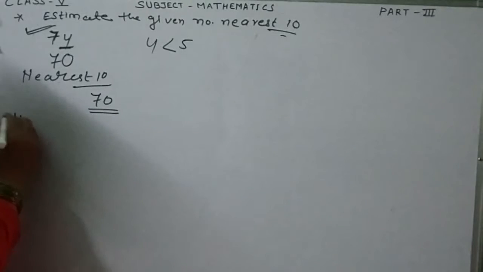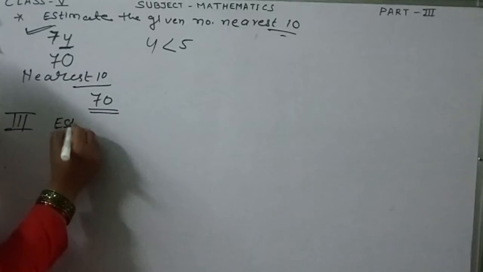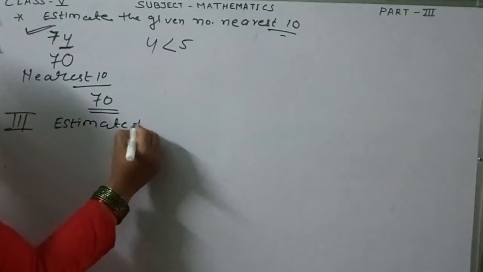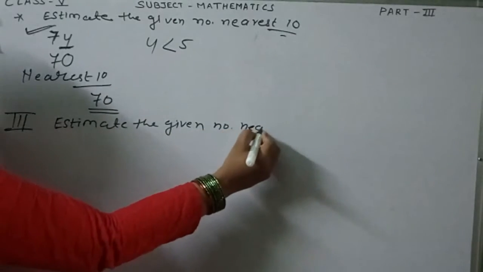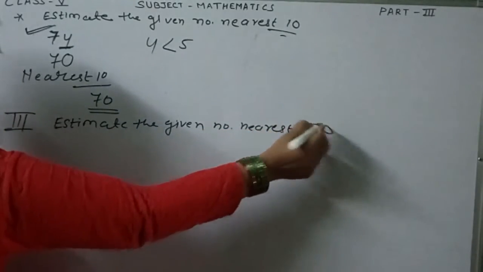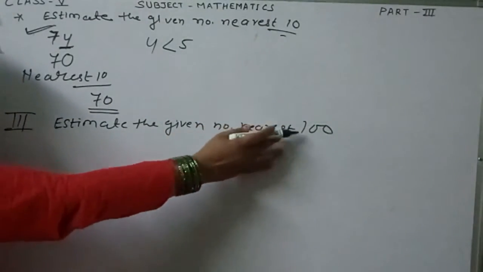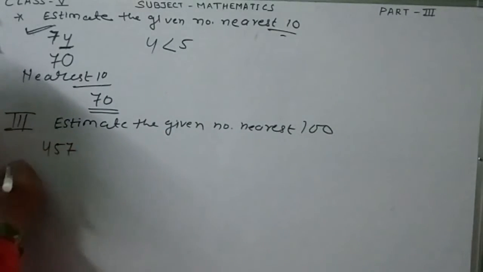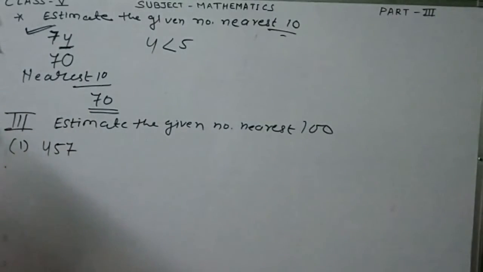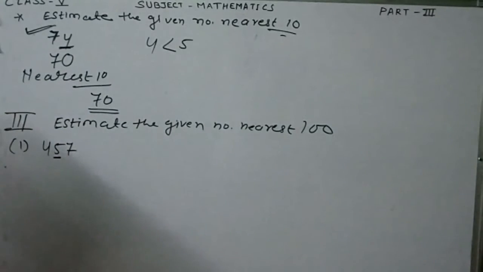The second question: estimate the given number to the nearest 100. Suppose the number is 457. Then you have to see the value of the tens place and compare it with 5.